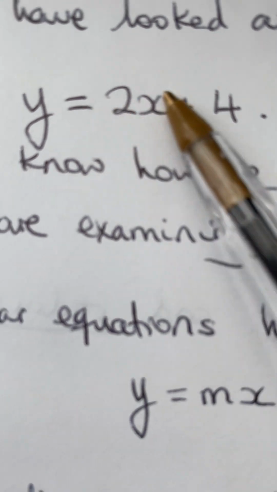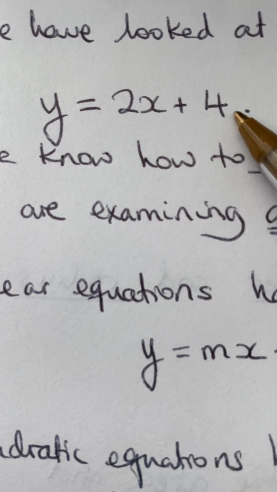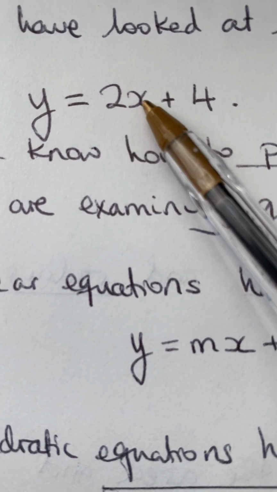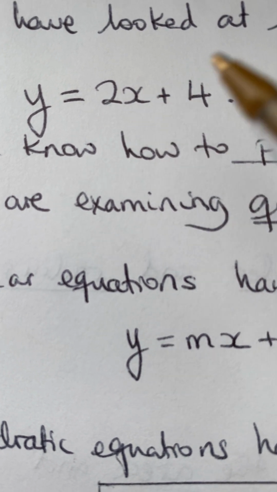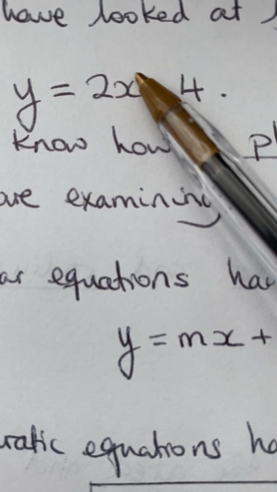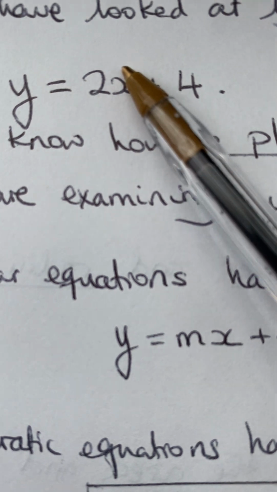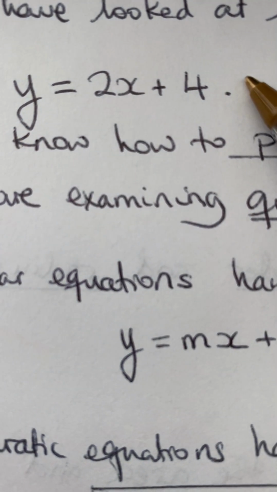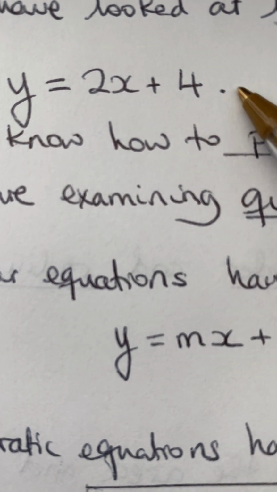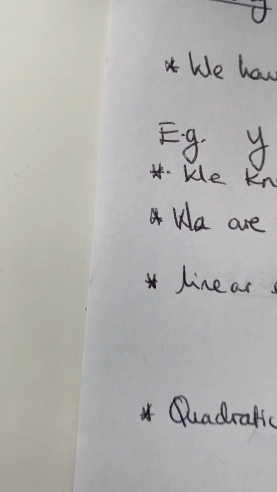Now, an example of a linear equation is y equals 2x plus 4, where x is always to the power 1. It doesn't go further than 1. If x is 0, then y equals 4, and you can draw y equals 4 on your graph.